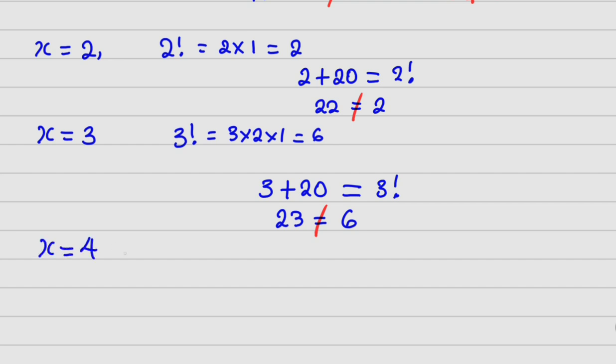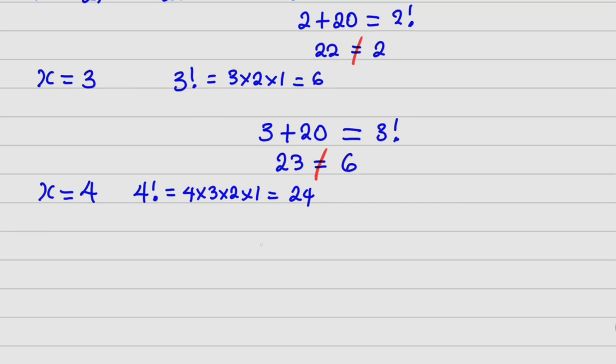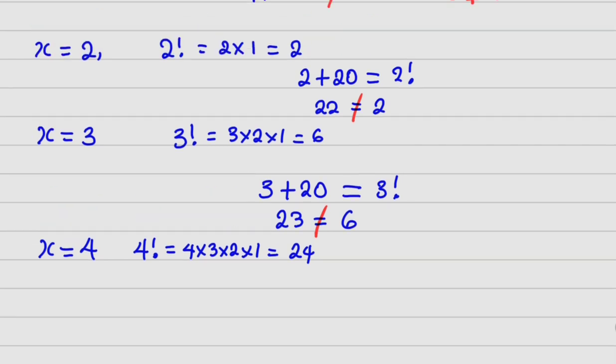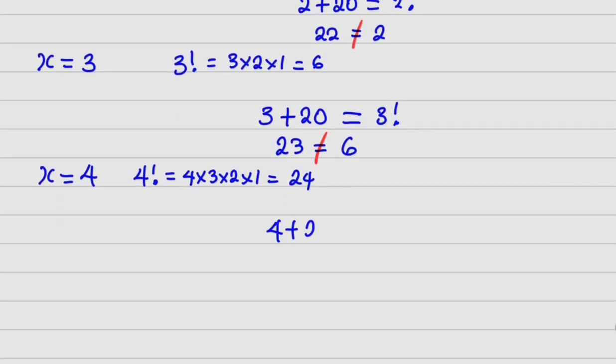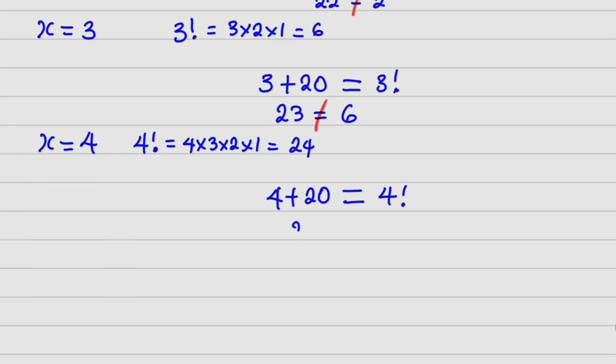Now let me test 4. Let x be equals to 4. So I have 4 factorial, and 4 factorial is 4 times 3 times 2 times 1, which is equals to 24. Now, let me test. You have x plus 20, so I have 4 plus 20. Is it actually equals to 4 factorial? So I have 24. Okay, it's equals to 24.